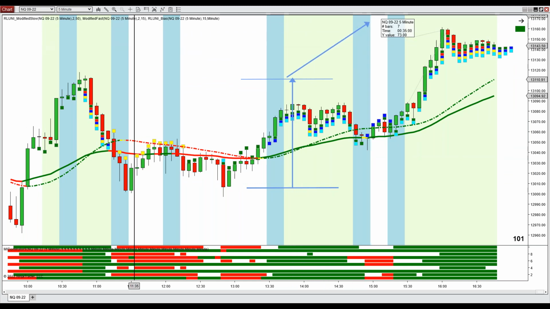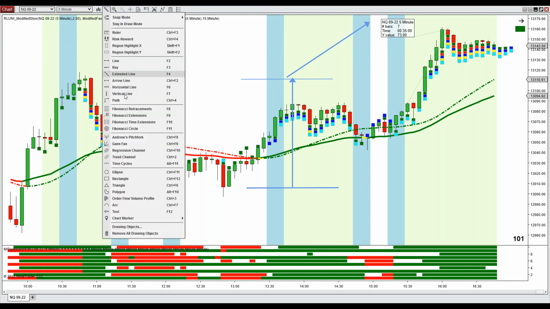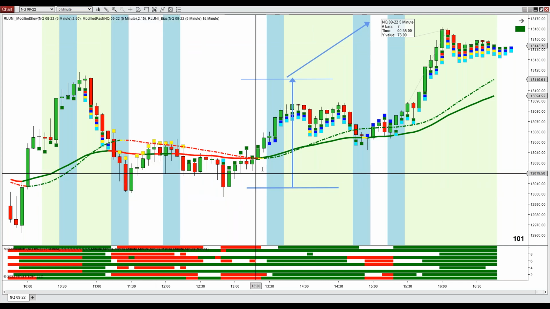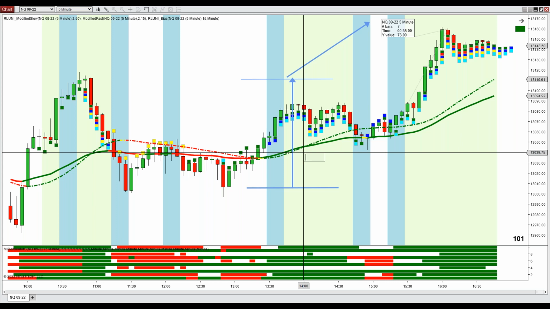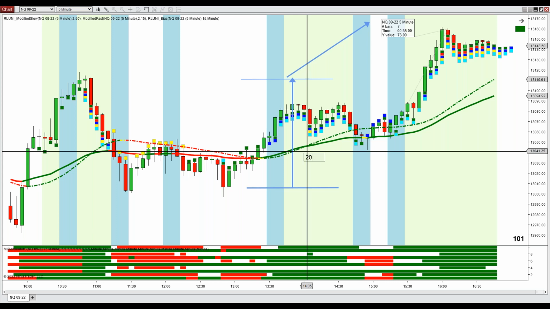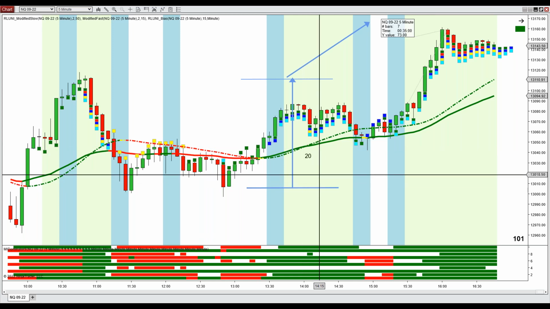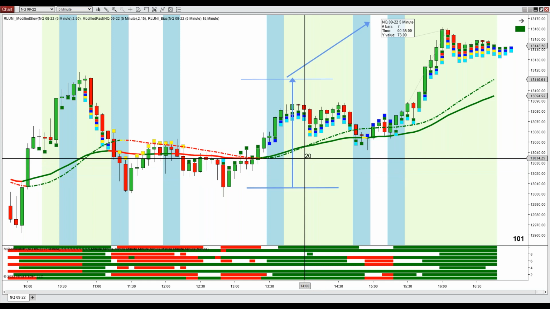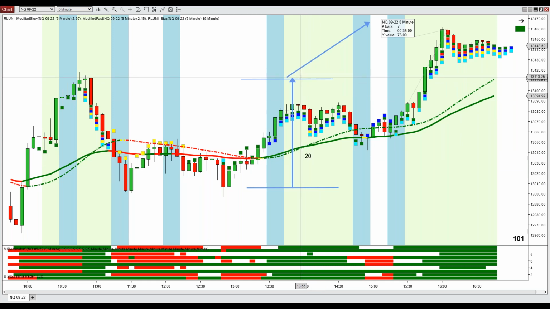So let's say on the NASDAQ, our first target is 20 ticks. That's anchored the trade. Locked in on 1 contract, you've made $5 a tick, $100.